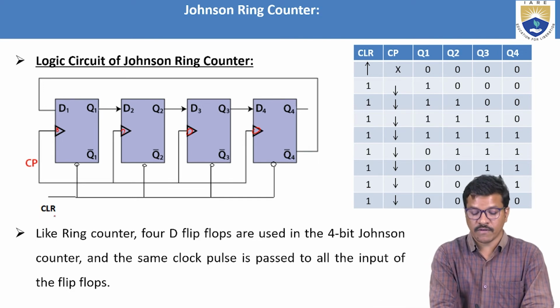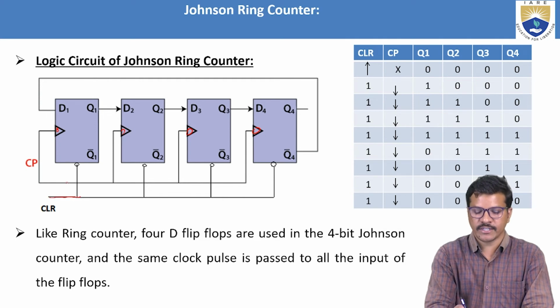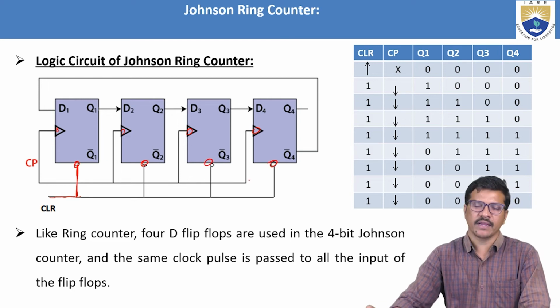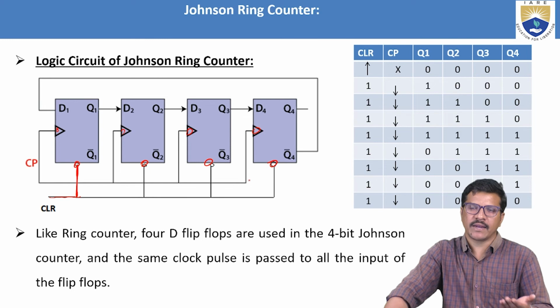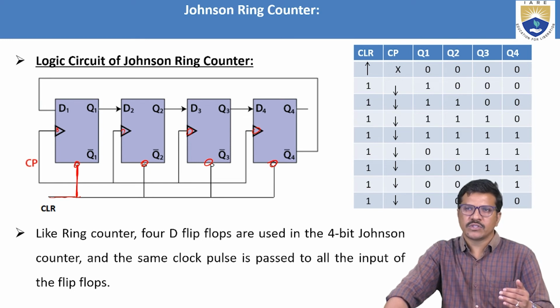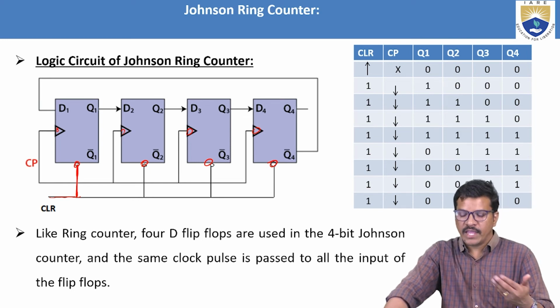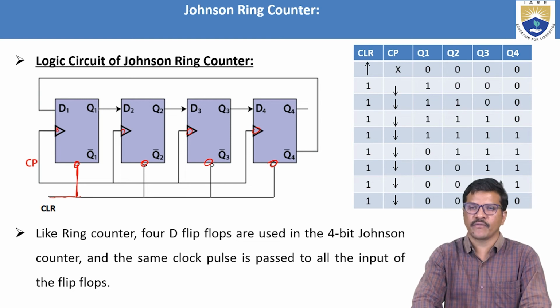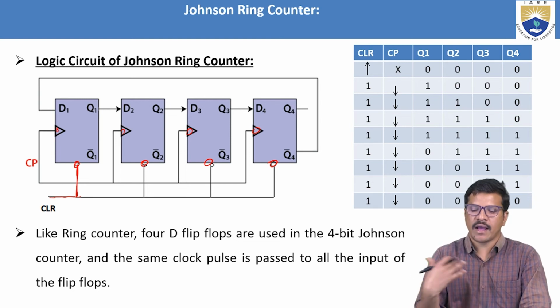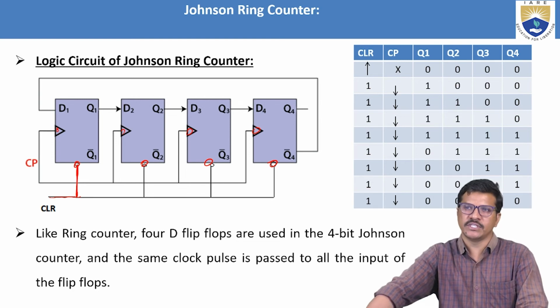This is also one of the differences between the ring and Johnson counter. We can take this asynchronous input of clear. Only clear inputs are connected to all flip-flops. Why am I taking only the clear? Because with the help of the last flip-flop's Q bar feedback connection, I can make the initial value 1000.